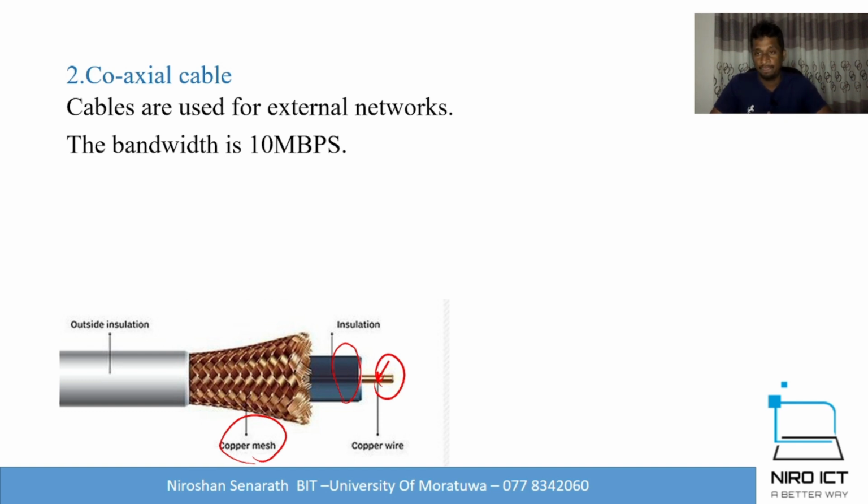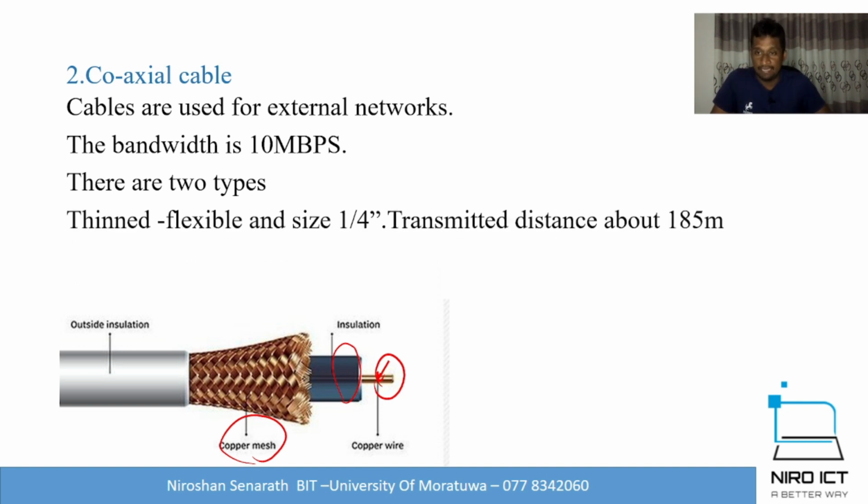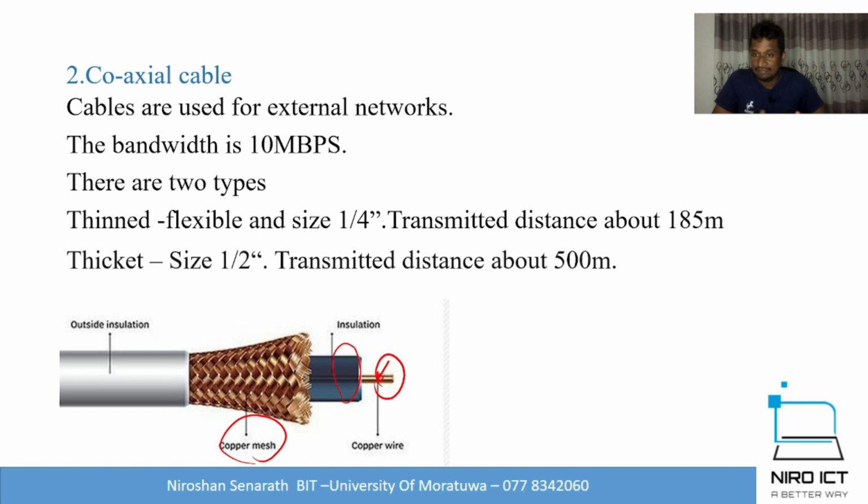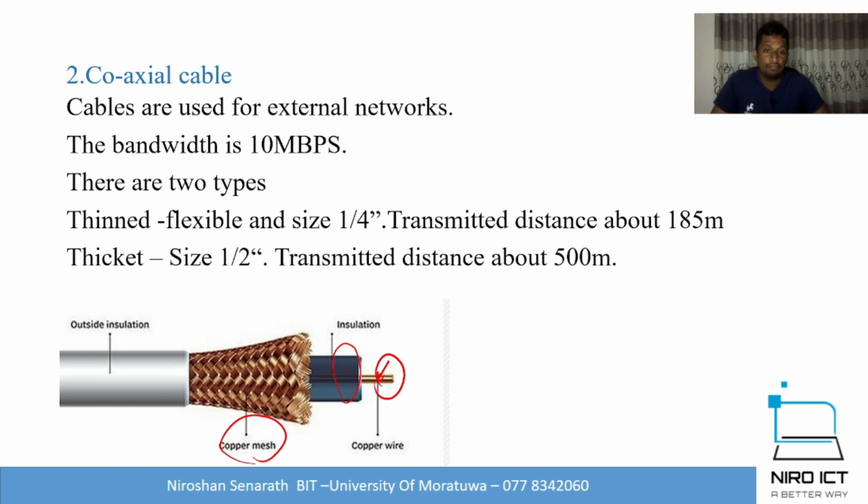Comparatively, it's higher than the twisted pair. And there are 2 types. One is called thinnet, its transmission distance is 185 meters, and the other one, thicknet, its transmission distance is about 500 meters.